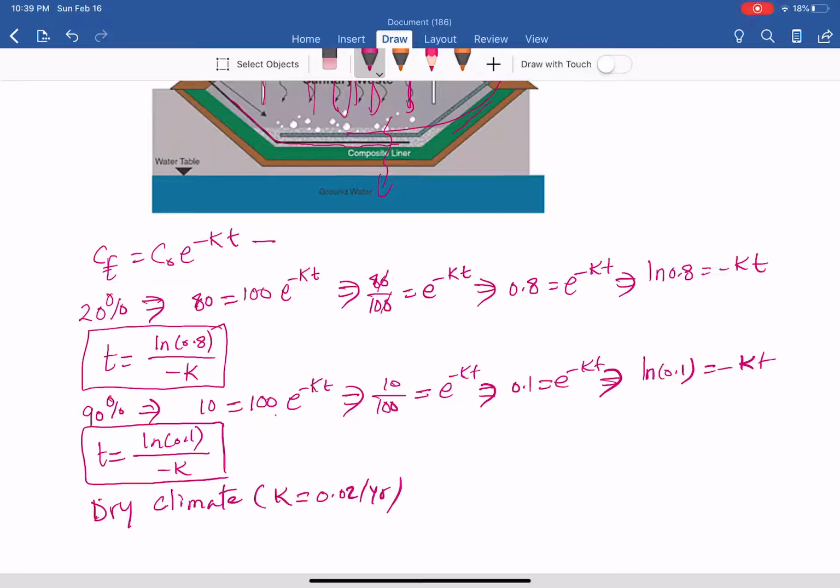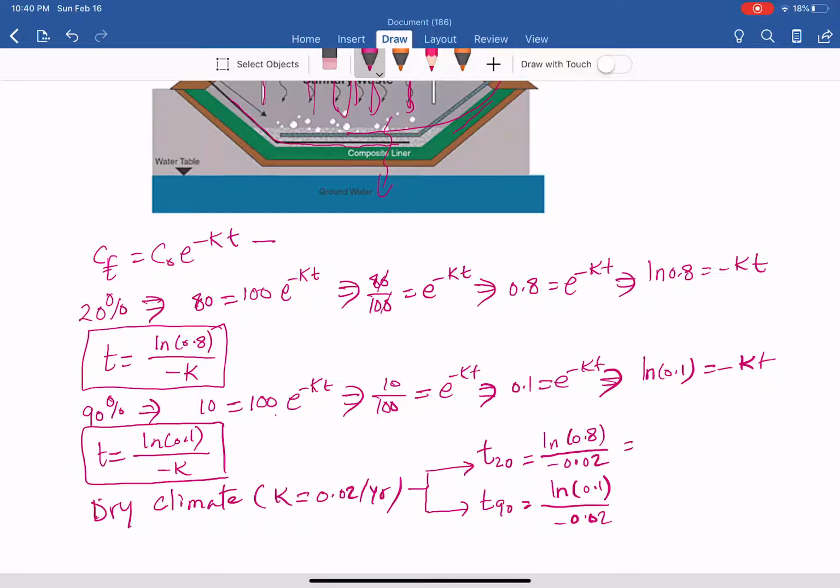So we will make it like this. T, the time for 20%, I'll call T20, and T for 90% removal, T90. T20 is ln 0.8 over minus k, and T90 is ln 0.1 over minus 0.02.